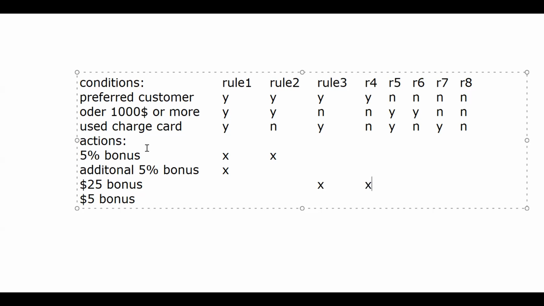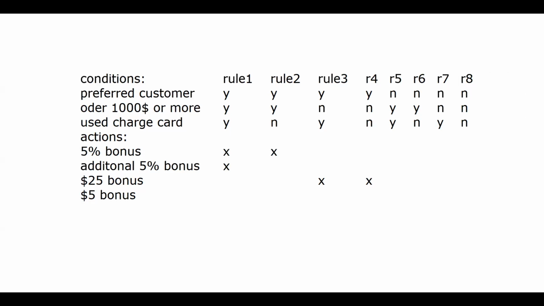For both rule number 3 and 4, they are preferred customers, but they do not order 1,000 or more. So you will get 25 bonus.